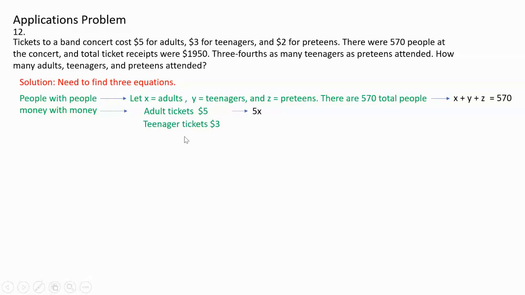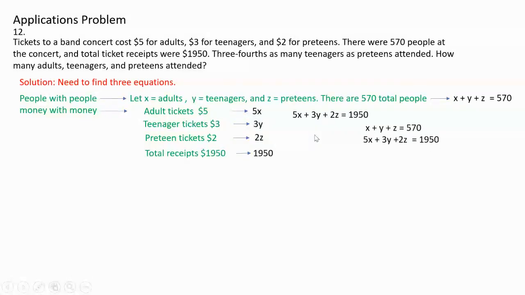Since teenagers cost $3 and y represents teenagers, that's going to be 3y. Preteens are $2, and since z represents preteens, that's going to be 2z. And the total receipt or revenue was 1,150.